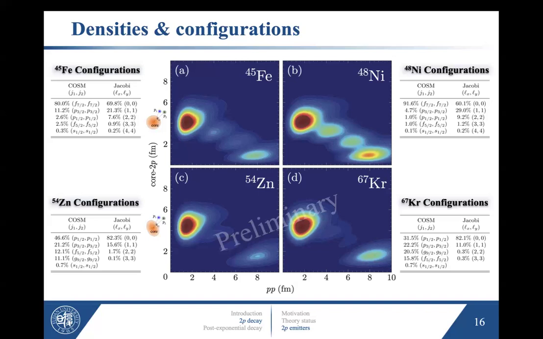This deformation also benefits the formation of nucleon pairs. In Jacobi coordinates, we can see large components of the S=0 pair formed in these two systems.